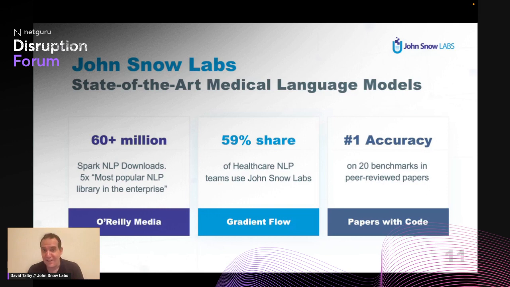So we started a year before the BERT paper, and then we went to deep learning, transfer learning. We had our own healthcare embeddings. There was few-shot learning, zero-shot learning, and now we have our own large language models. One of the things we do is every day we read the new papers, we look at the new models.